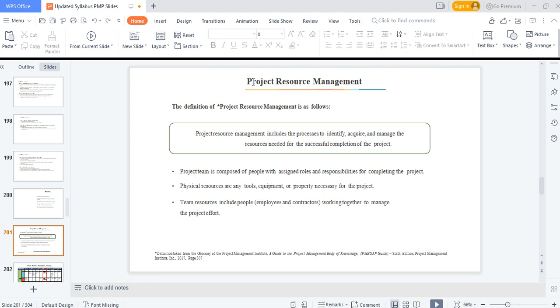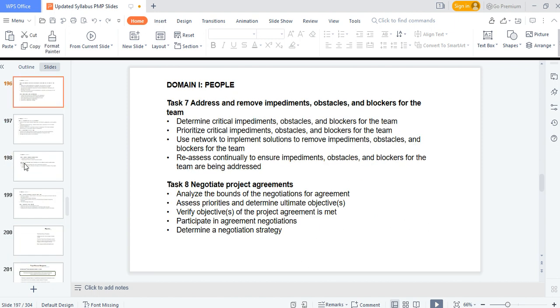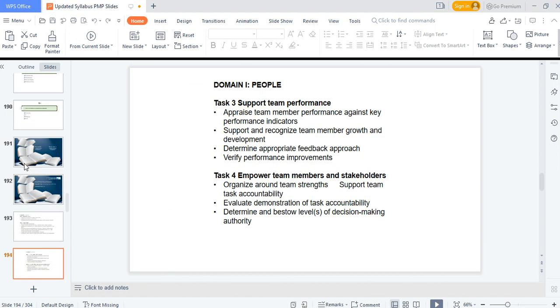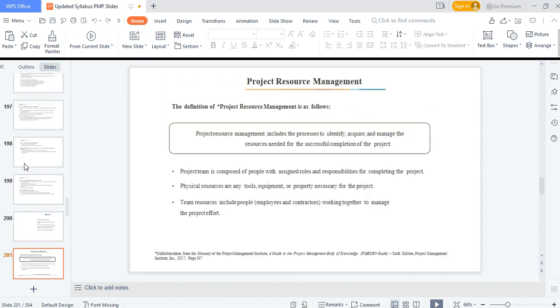Okay. So before now, we looked at costs, right? Now we want to look at resources, resource management. Every project is going to need one form of resource or the other.